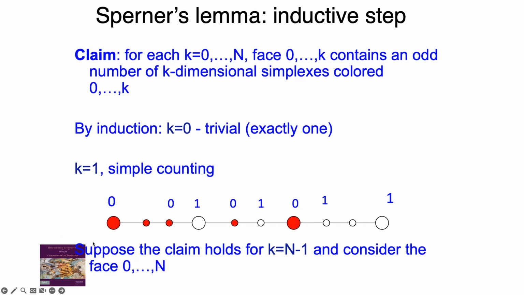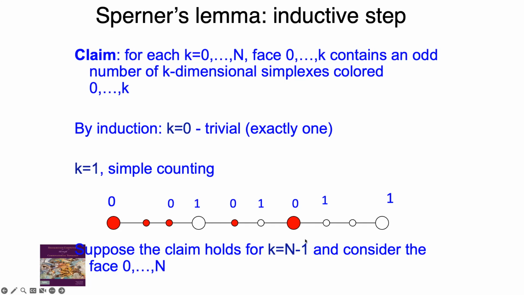So we have n plus 1 colors. Not every phase, but the phase 0 to k equals n minus 1 satisfies the claim. It has an odd number of simplices colored with exactly n colors. Now we have an n-dimensional phase with n plus 1 colors, and we're going to prove the claim for the n-dimensional phase.